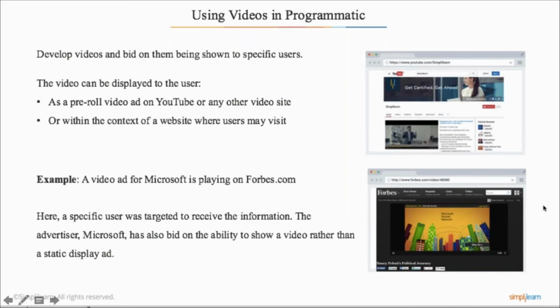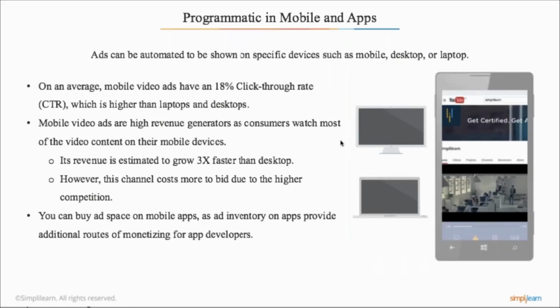No. This is very much specific to a certain user. The advertiser, Microsoft, has bid because it wanted to reach a certain set of audience. So when the real-time bidding was done, Microsoft would have bid the highest, and only then was Microsoft able to showcase their video ad on Forbes.com to the certain set of audience which they wanted.